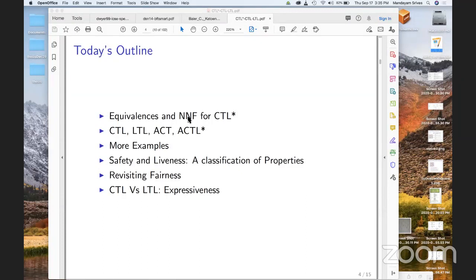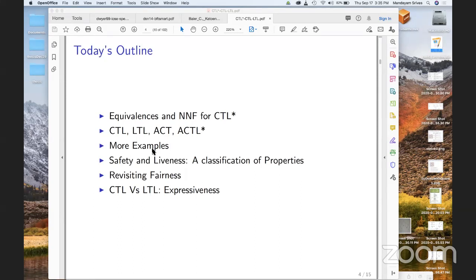Okay, so this was the outline that I had in the last class, out of which we have covered some and not all of them. First we started by introducing CTL star, and then in the last class I formally defined certain sublogics of CTL star, more significantly CTL and LTL, which are the ones that we will be focusing on for most of the course.